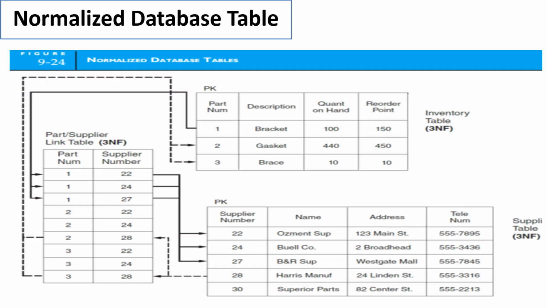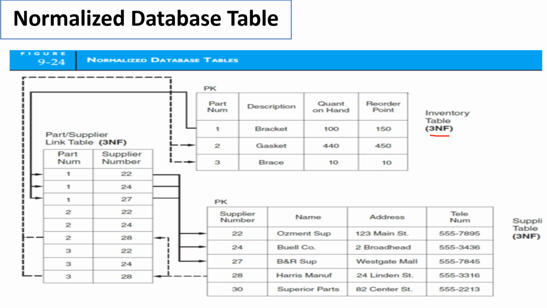So here we will see the normalized database table. Here we represent the cardinality in arrows. So you will see here, let's take the example of the inventory table, and when we say here 3NF, we mean this table or those tables are meeting the third normal form of normalization.